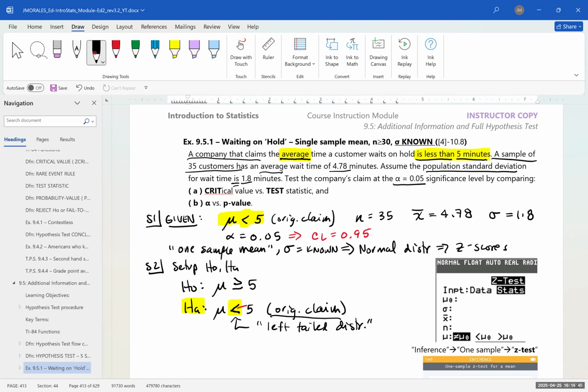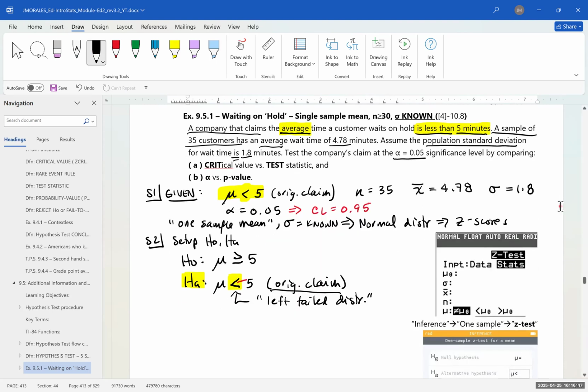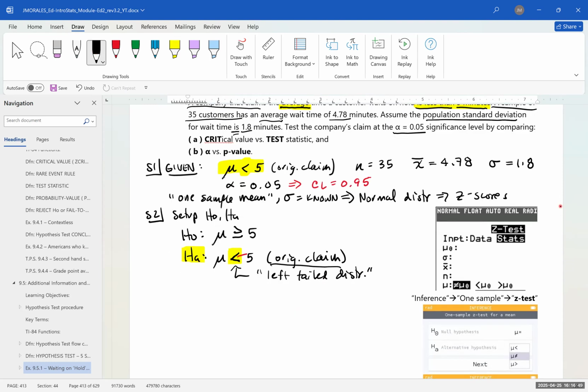Okay, so now let's move on to step 3. So step 3 is to calculate our test statistic, our critical value, and significance level divided by 2 if we need it.